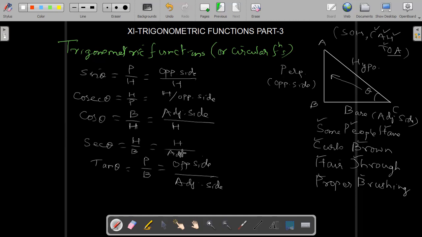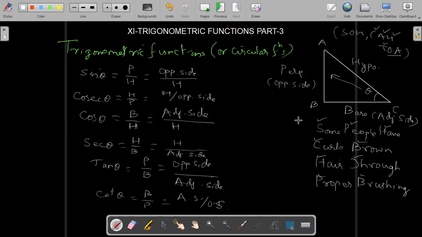The reciprocal of tan theta is cot theta, base upon perpendicular, that is adjacent side upon opposite side. These are the definitions of trigonometrical ratios. They are called ratios because this is the ratio of two sides of a right angled triangle.